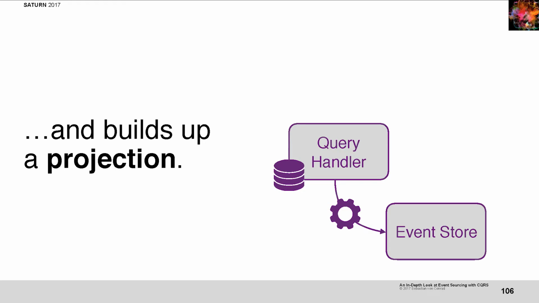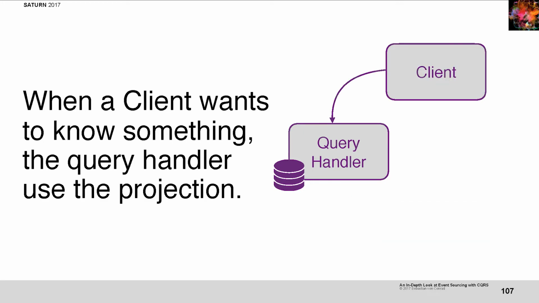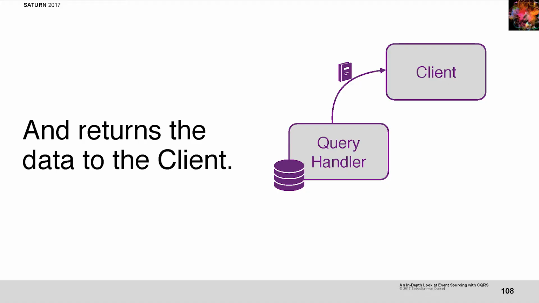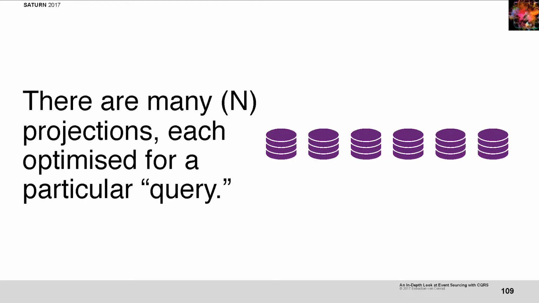We talked about this earlier, and Chris mentioned it this morning as well. And when the client wants to know something, the query handler uses the projection instead. So the projection is effectively a current state representation that's sourced from the events. The query handler returns the data back to the client from the projection itself, not from the events.